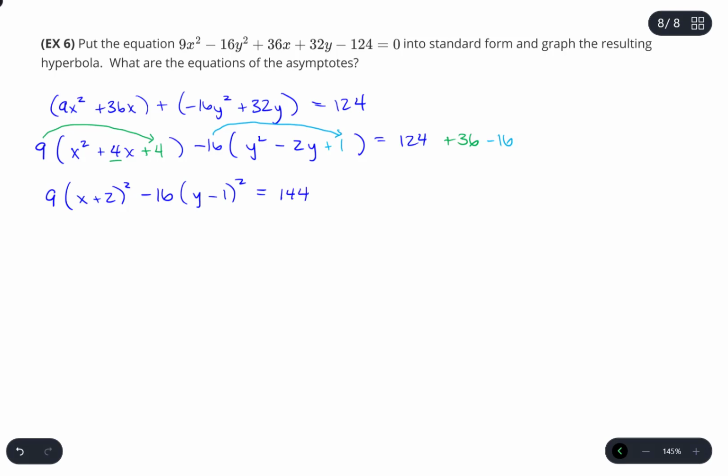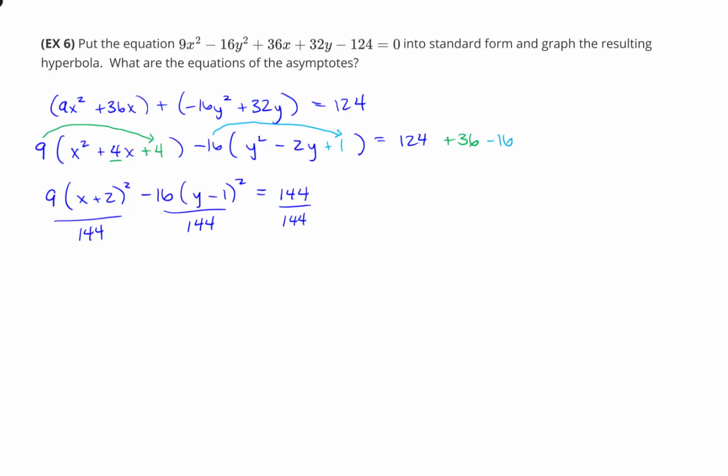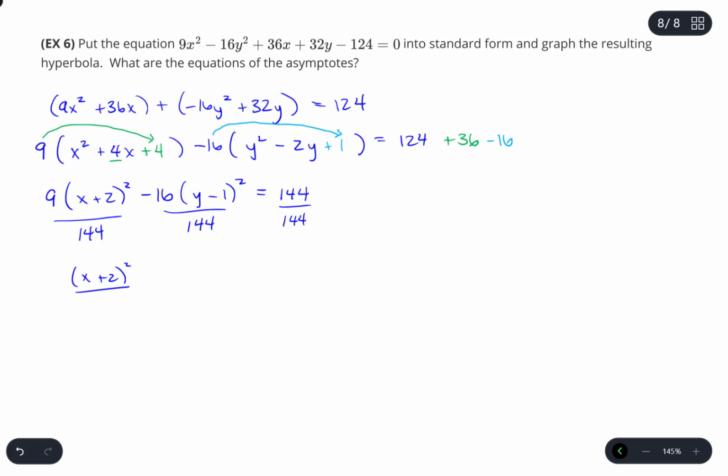And then in standard form, we have this set equal to 1. So I would divide through each term by 144. So that gives me x plus 2 quantity squared over 16 minus y minus 1 quantity squared over 9 equals 1.